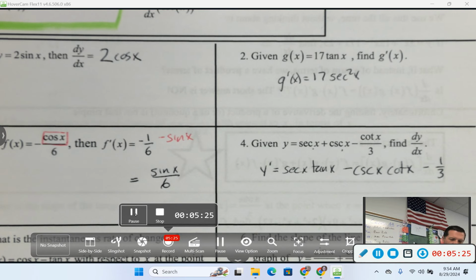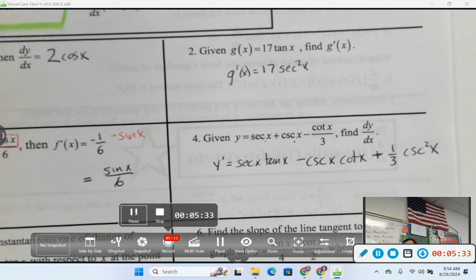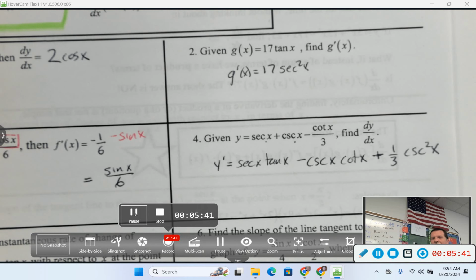Derivative of cotangent is negative, so I'm just going to make this negative positive cosecant squared of x. You're just using the rules. So the practice problems, I don't know how much it helps, because you just got to know the rules. And if you know the rules, the practice problems are easy.